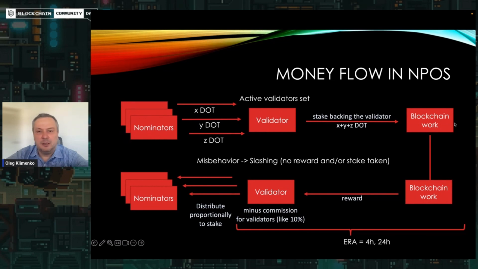There is some algorithm involved. Once they are selected, they do the actual work inside the blockchain, to validate blocks, to finalize blocks, things like this. Validators receive a fixed amount, not a reward, a commission, and nominators receive a reward proportional to the original stake. This whole cycle is repeated each era. An era is usually 4 hours and sometimes 24 hours, depending on the configuration.